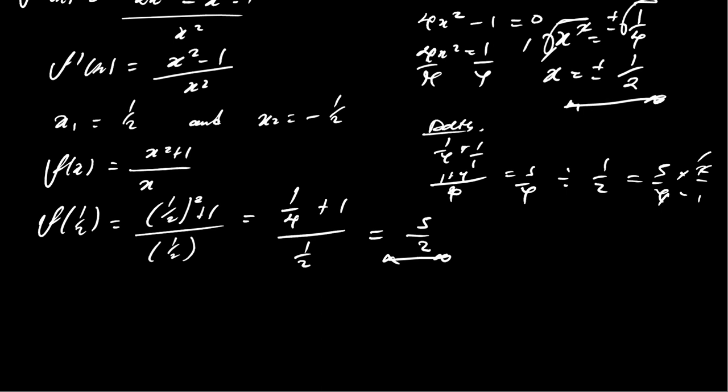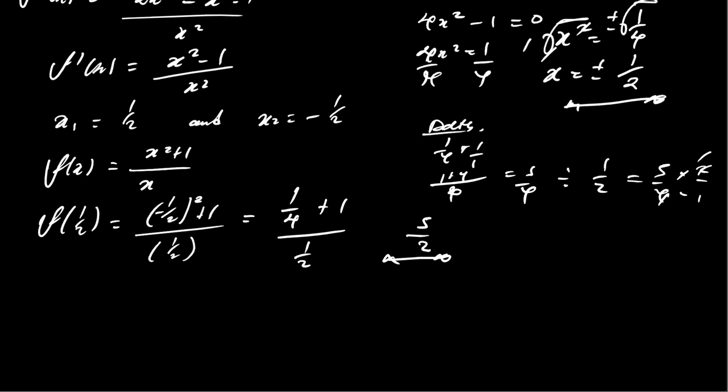Then you can find the other y value in a similar manner. But if you look closely, you will end up having the same thing but negative, because imagine this: if x was negative, the top would be a positive value and at the bottom you just end up having a negative value, so you can say plus or minus 5 over 2 depending on the value of x you chose.